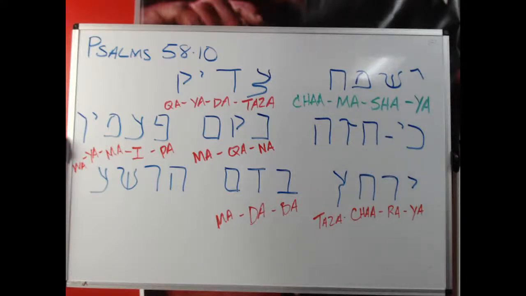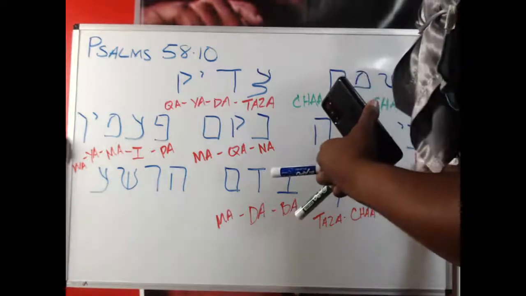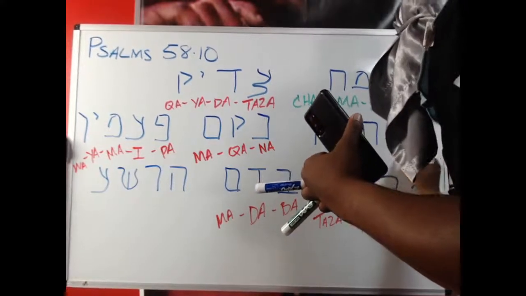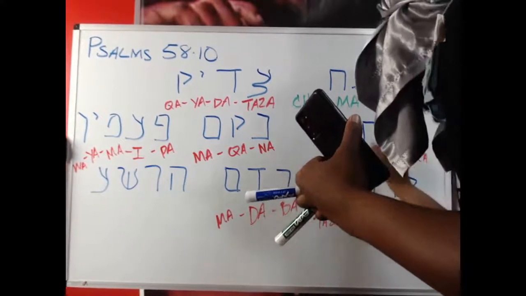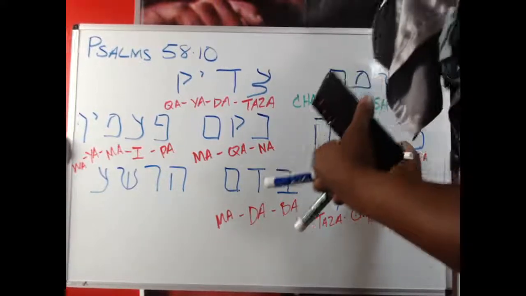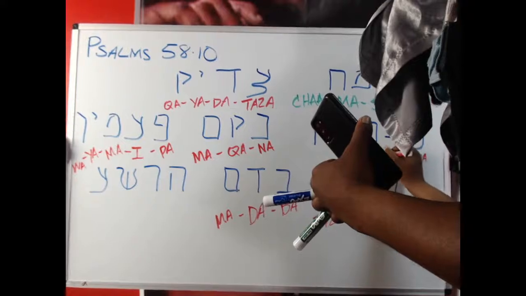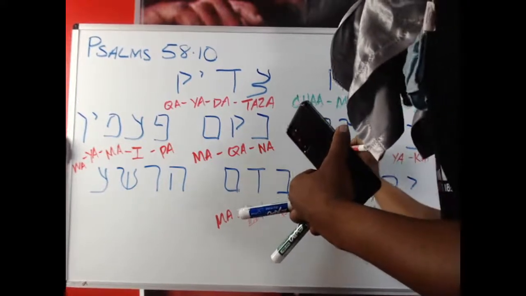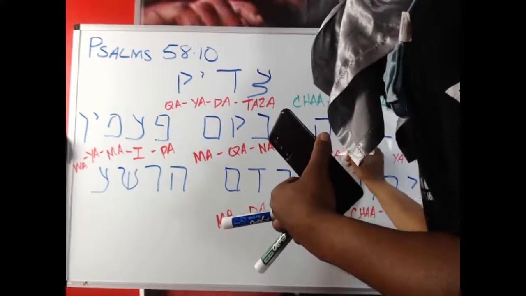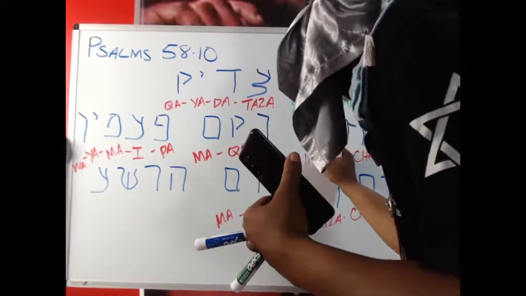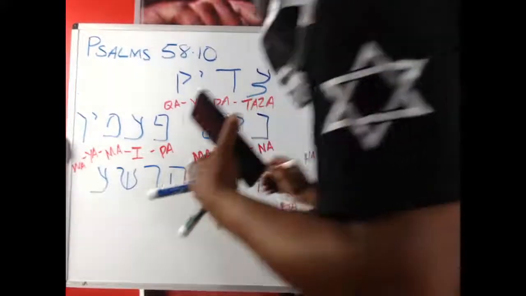Got one more word in Psalms 58 and 10. Okay. There you go. All right. So we have Ha.